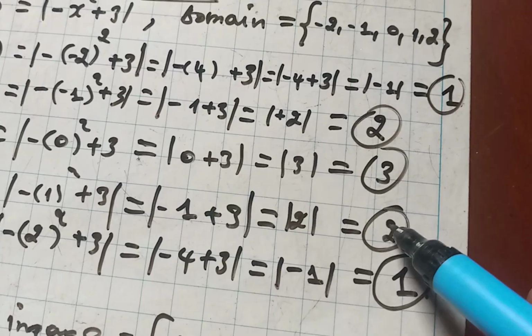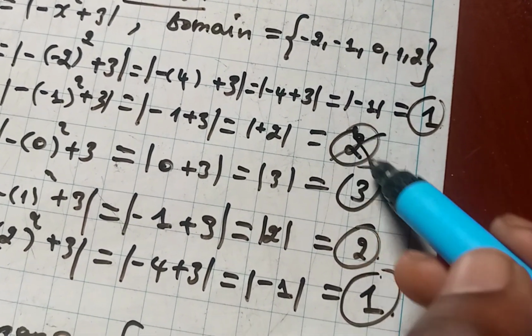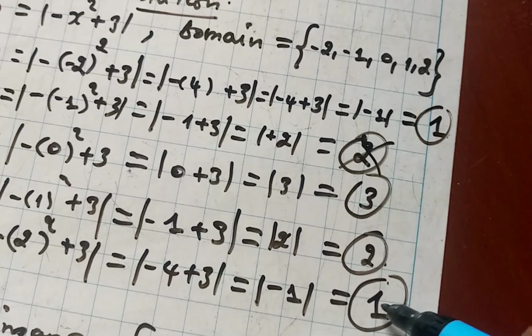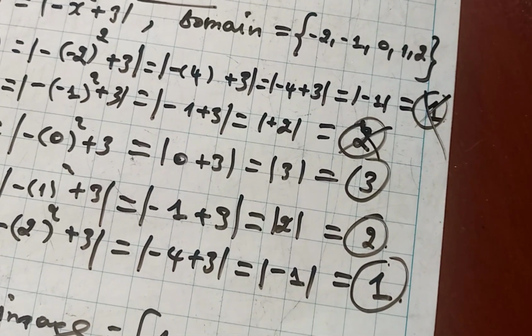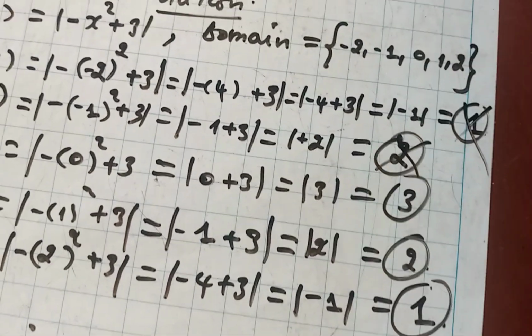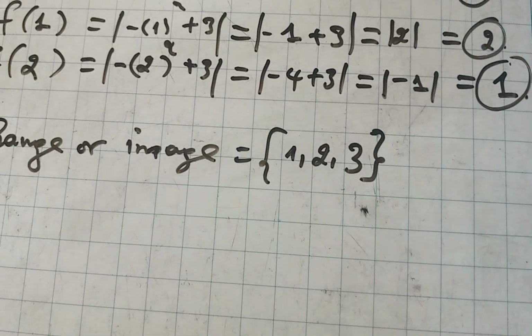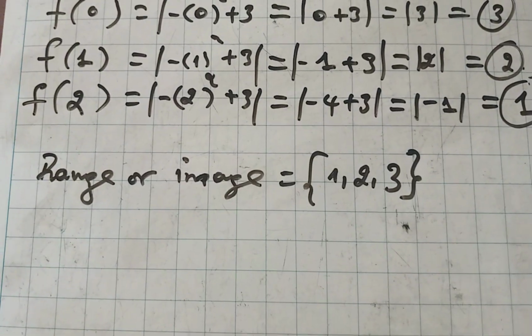This is 1, this is 2, this is 3, 2 again. We can't write 2 twice. We can't write 1 also twice. Now it is 1, 2, 3. This is the set of the image, which is the range.